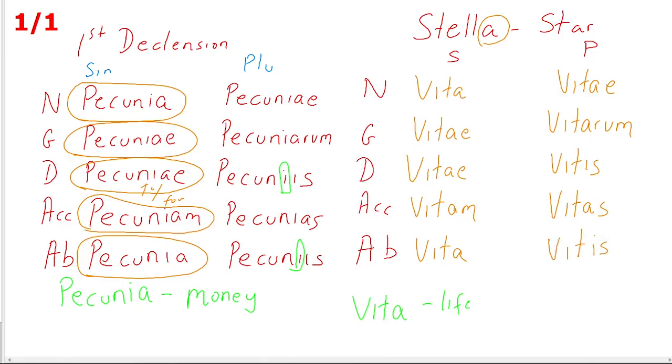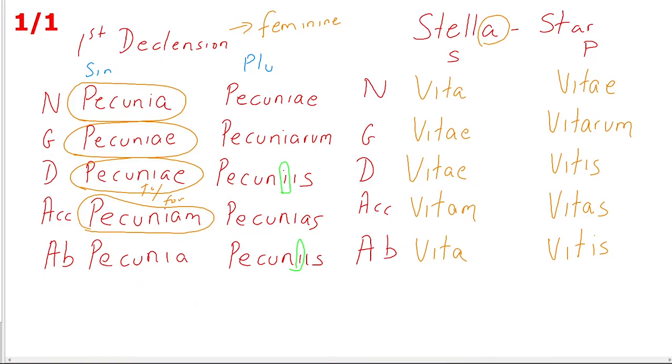Okay, so much is clear with the endings. So generally in the first declension we have all feminine nouns. So the gender of these nouns is all feminine. However, as in Latin, there are always exceptions. So which are these exceptional ones which are of the gender masculine in the first declension?